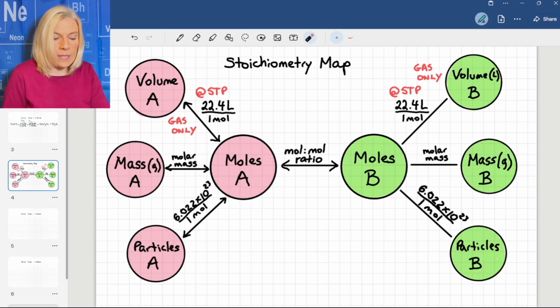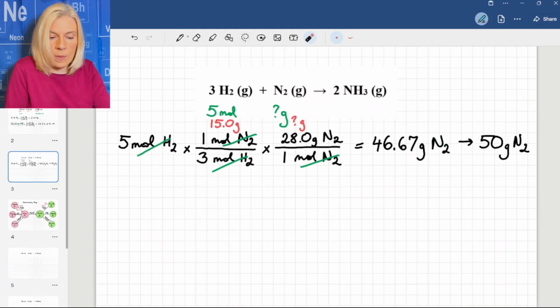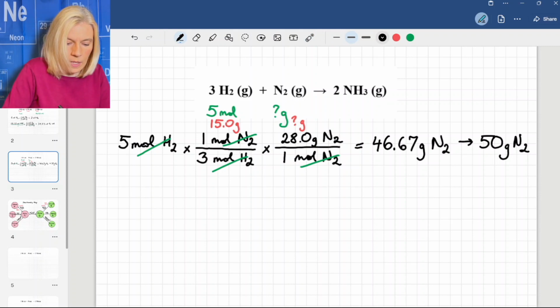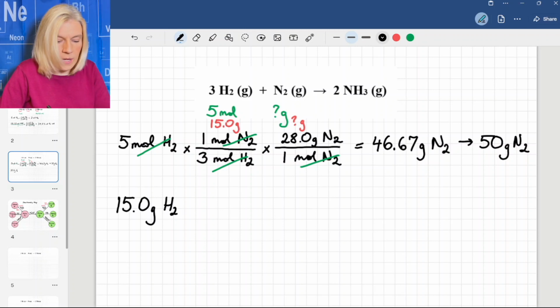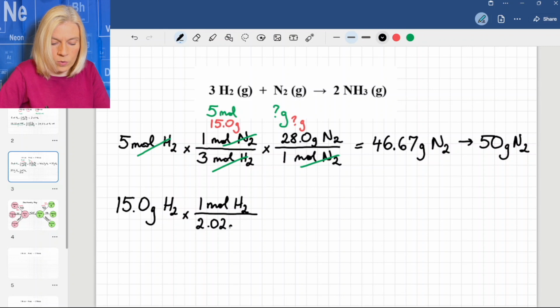Okay, so let's do some calculations. If we have 15 grams, this will be a little bit better, more sig figs, 15 grams of hydrogen. What's the molar mass? So 1 mole of hydrogen, let's change it to moles, well, hydrogen is 1.01, so this will be 2.02 grams of hydrogen.